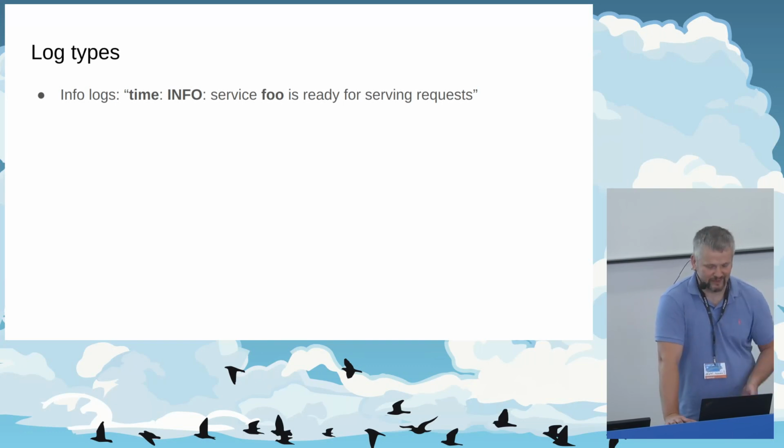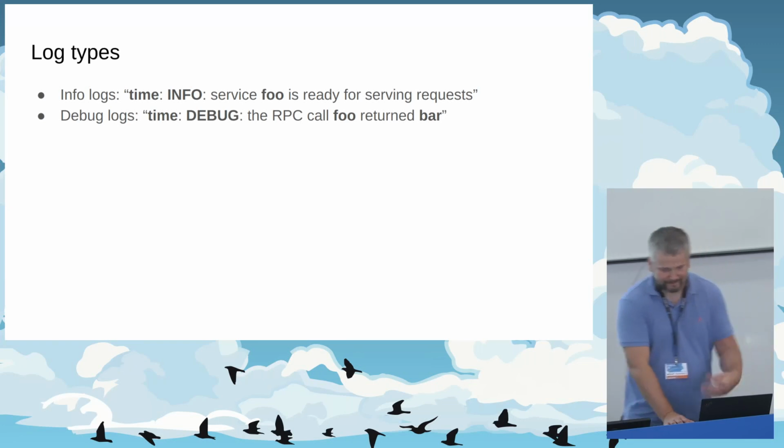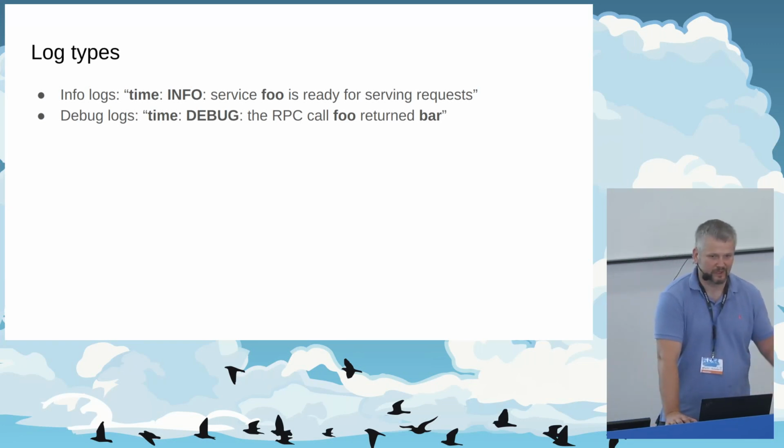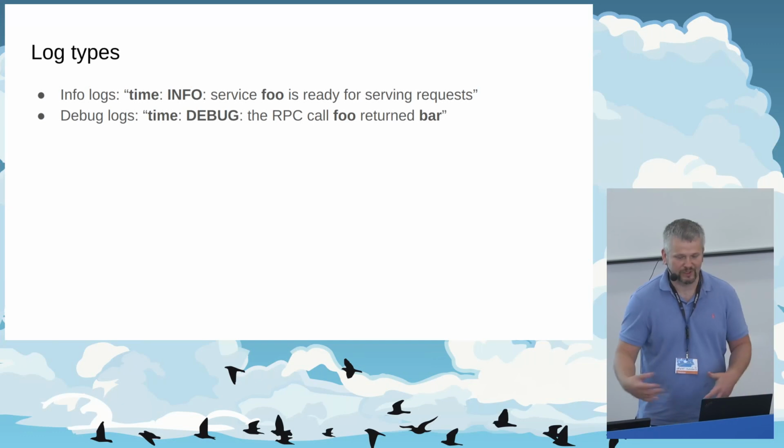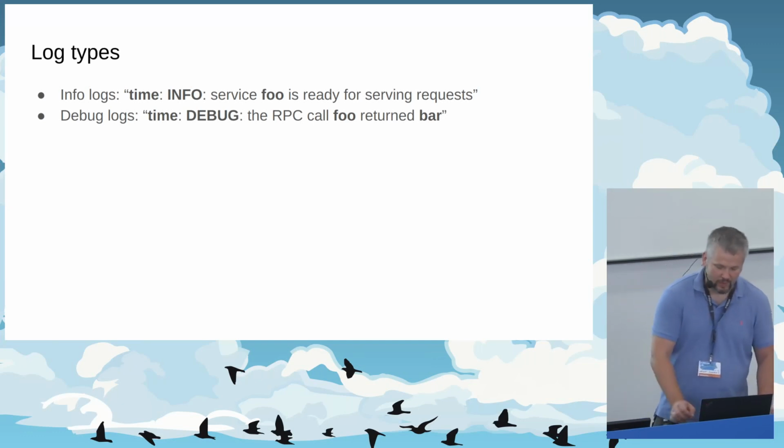So when the service starts, you can log the information that the service had been started at the given time. There are debug logs when you need to debug some issues with the service. Then you enable debug logs, which are more verbose than info logs, and they help debugging your service.